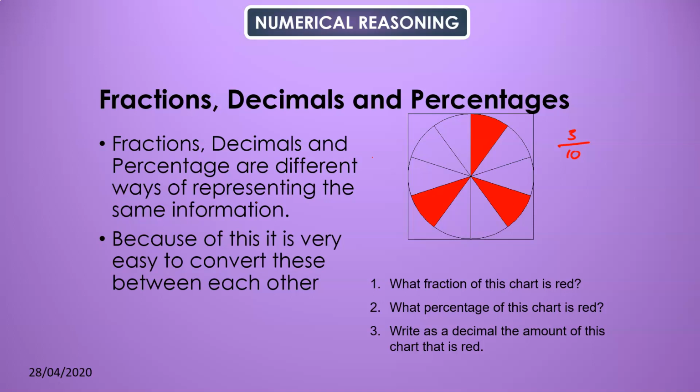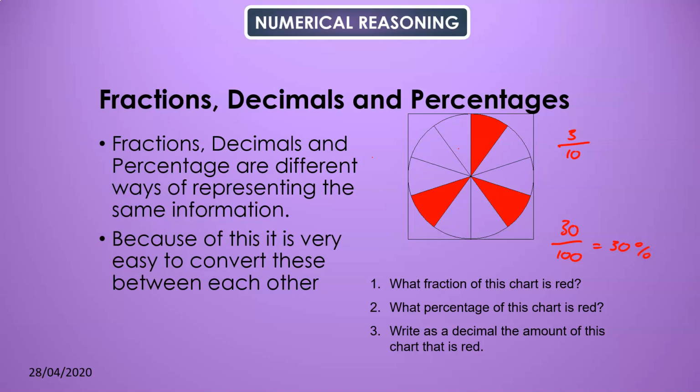So what does that mean about the percentage? Well, the percentage is 30%, because if there's 10 sections, then each of those represents another 10 sections to get our 100. So that would be 30 out of 100, which means that our percentage is 30.